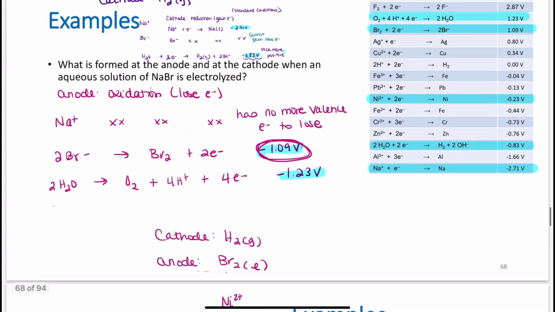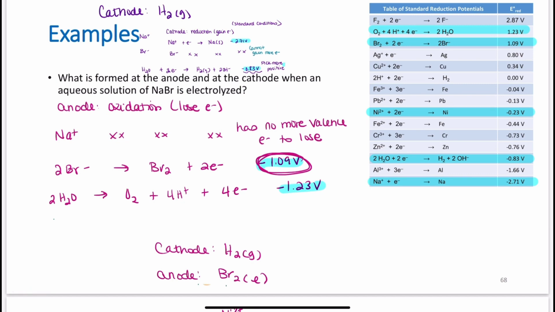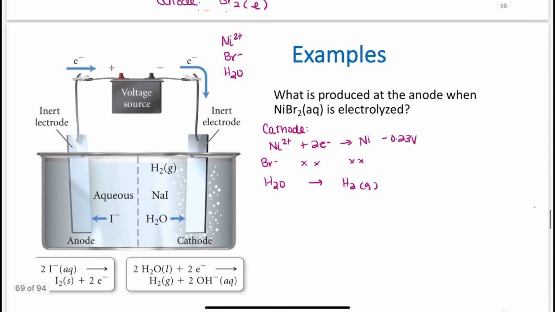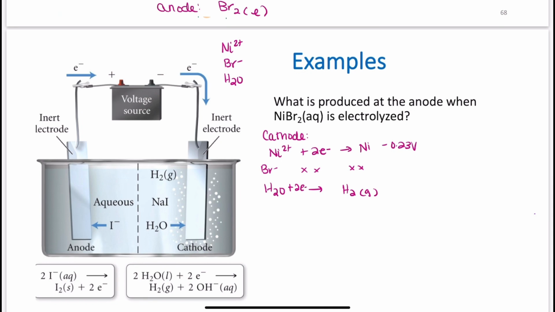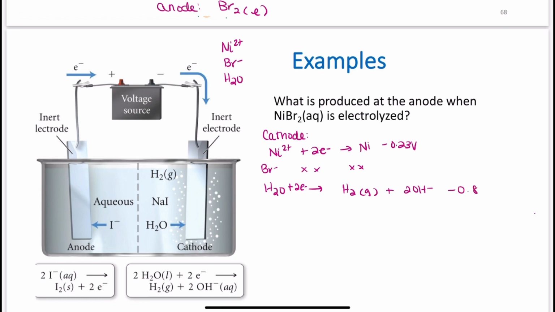Here, H2O plus 2 electrons, see, I don't have the reactions memorized, giving me H2 plus 2 moles of OH-. Cell potential here, negative 0.83 volts. This is the more positive, so at the cathode I'm going to be forming nickel.